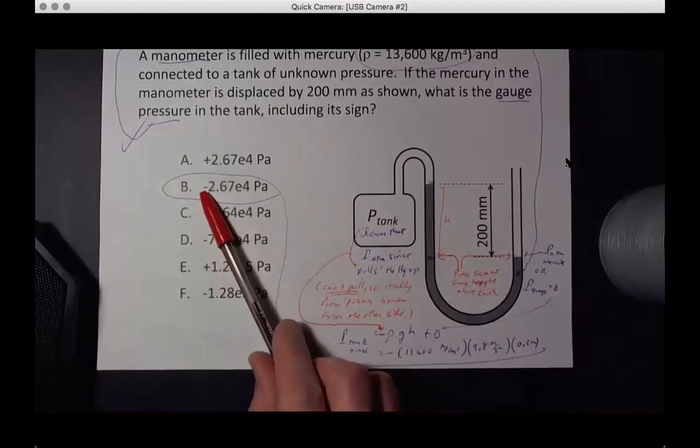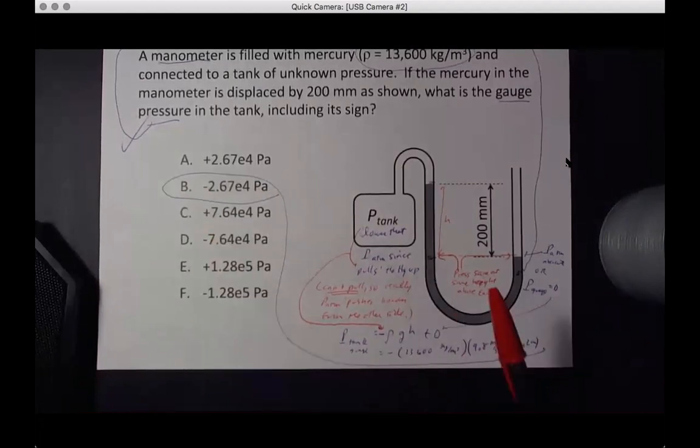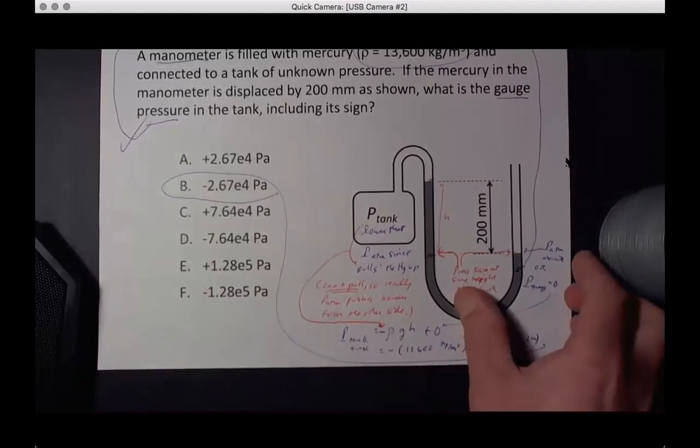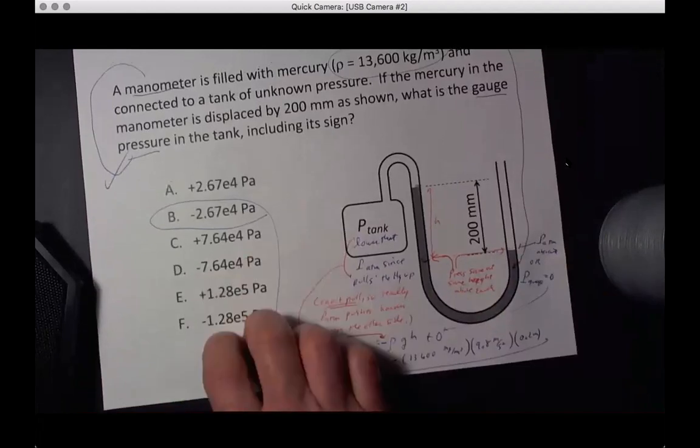It's negative because it's lower than atmosphere, and the rho g h is the value for the difference there. Okay.